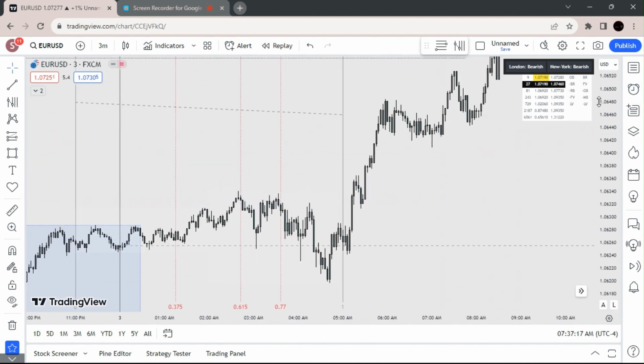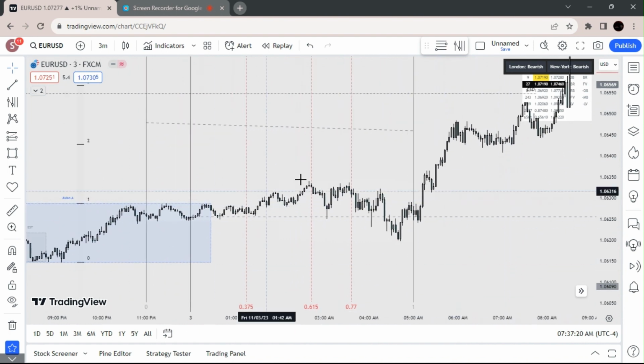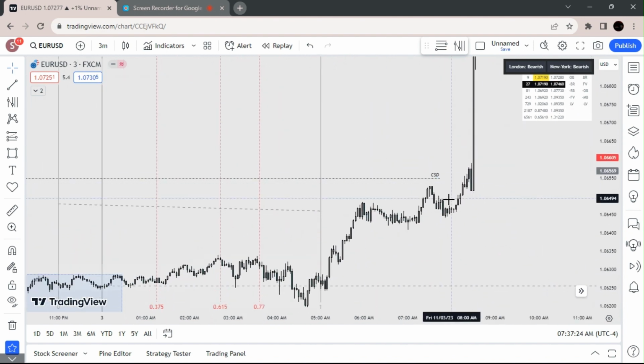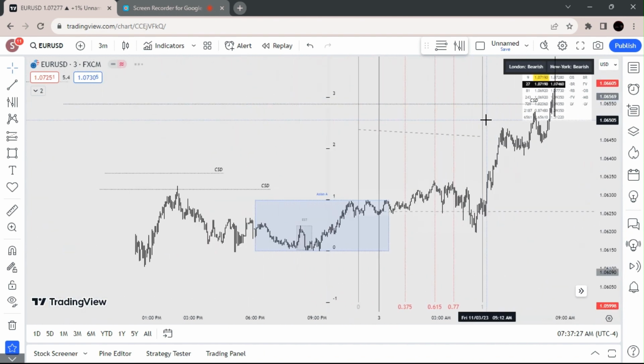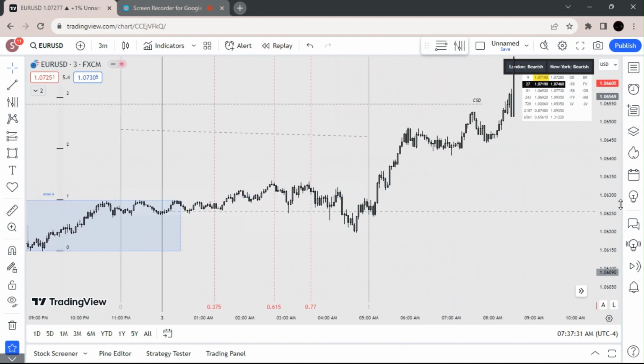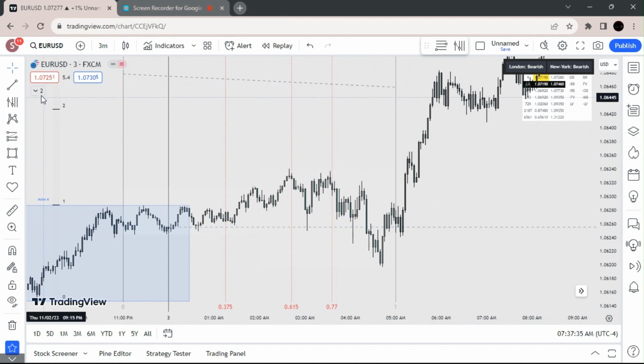But towards distribution session at 5 a.m., look what happens. Price just pushes. And this is a Friday, so that was anticipated because there was news. But I don't trade Fridays, I'm just showing you how you could use our Goldbach fractal timings to enter trades from.